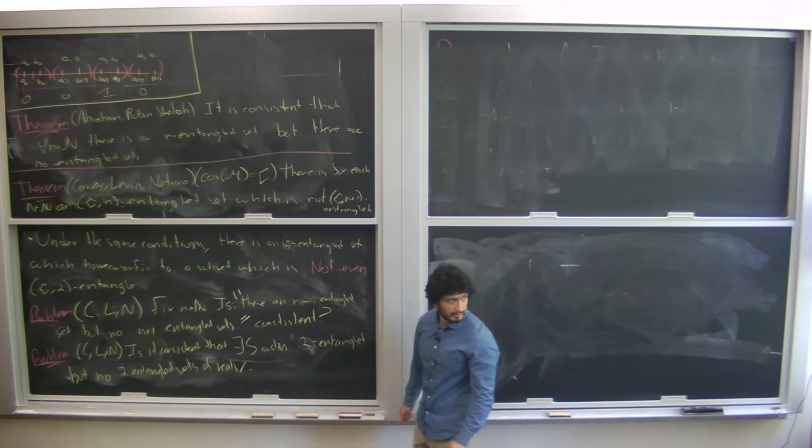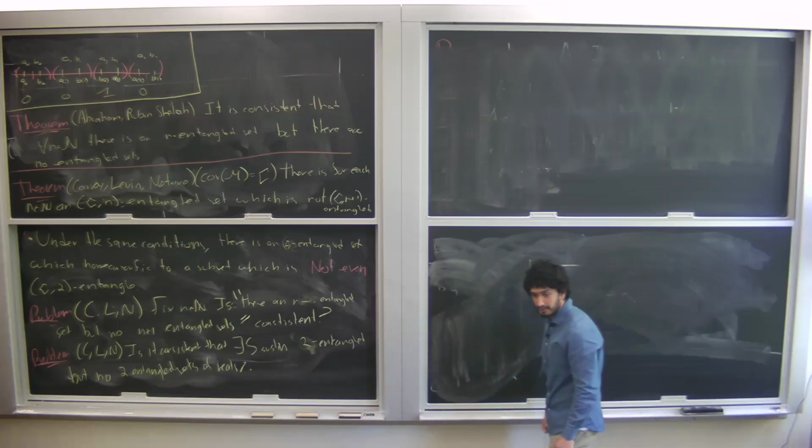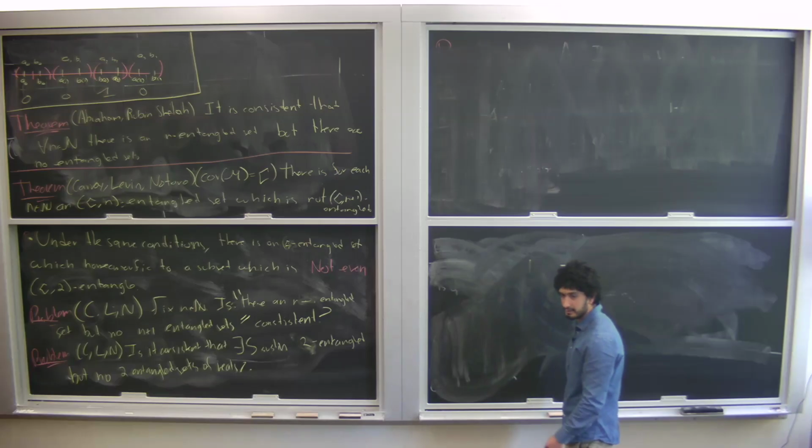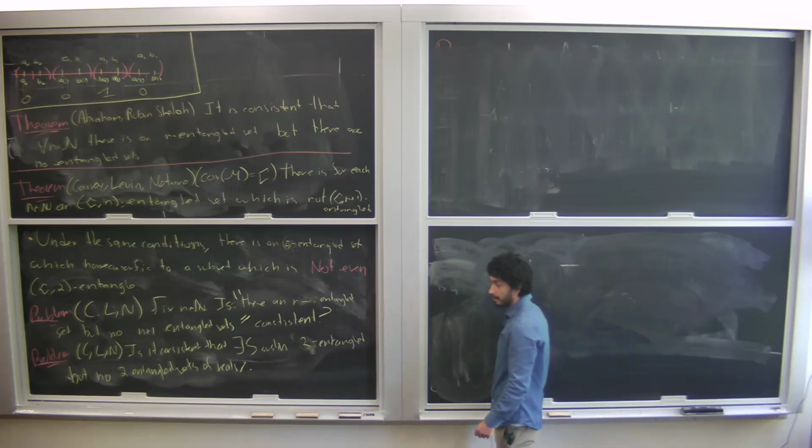If it is, then no, right? Because the isograph of the isomorphism is going to kill 2 entanglements. Well, there's the answer. Actually, what they use in order to construct this Suslin 2 entangled line is basically like a free Suslin tree, which is like the opposite.